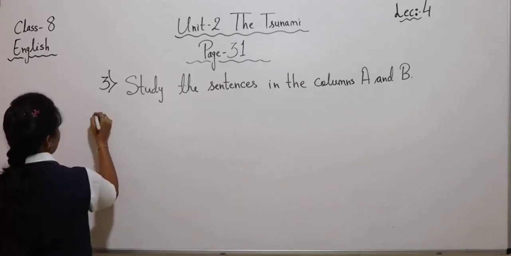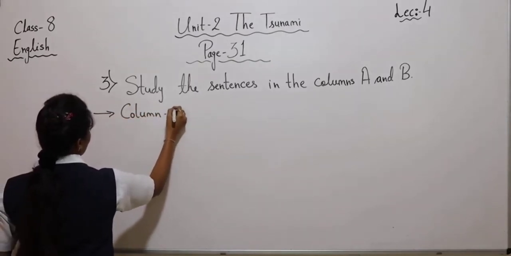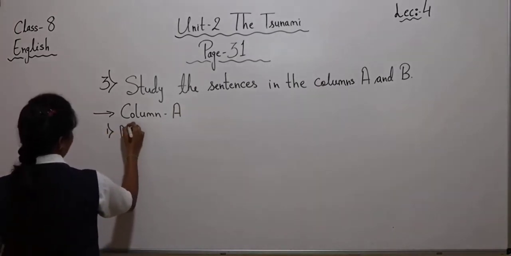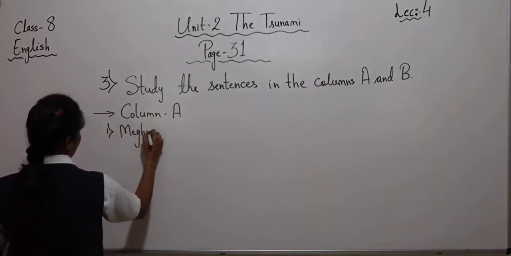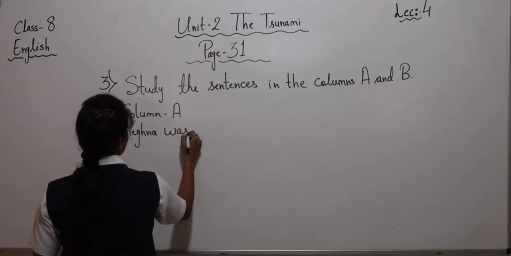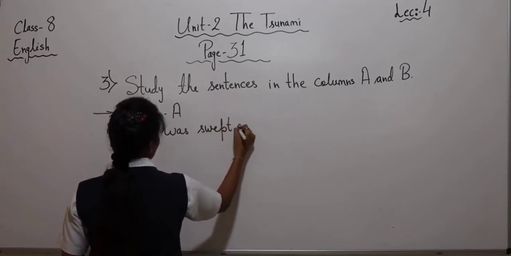First we write down column A, all the sentences given. Meghna was swept away.